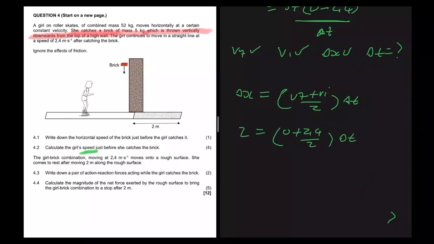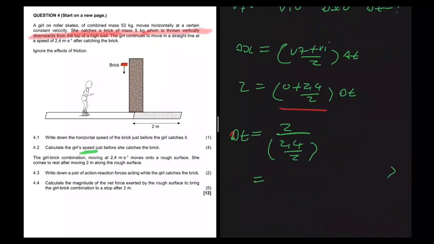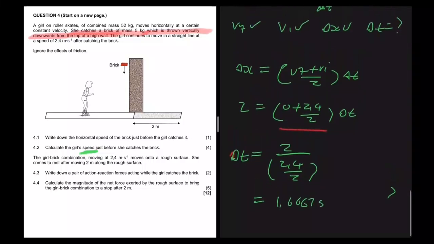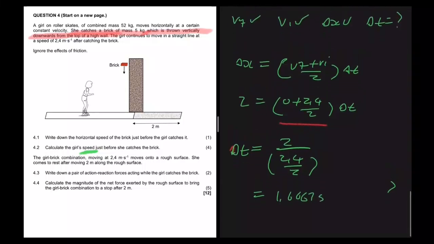We divide both sides by the coefficient of delta T. So delta T is going to be equal to 2 divided by 2.4 divided by 2, which is 1.6667 seconds. Now we can substitute this delta T into the equation we had.